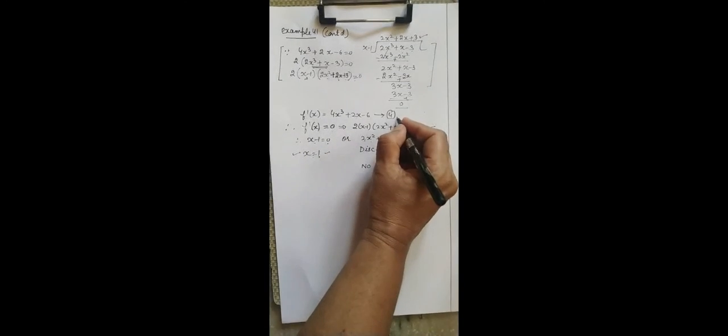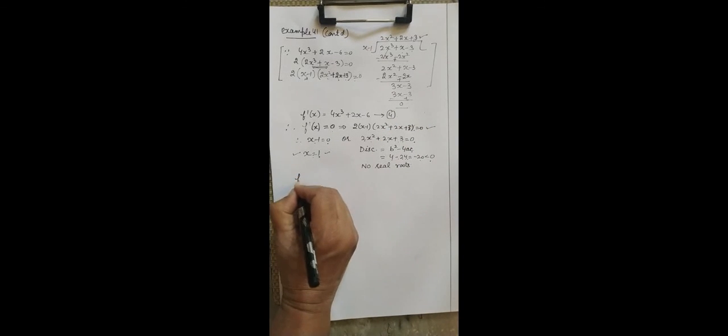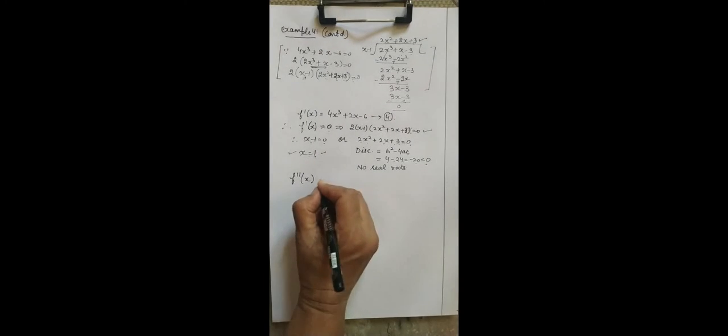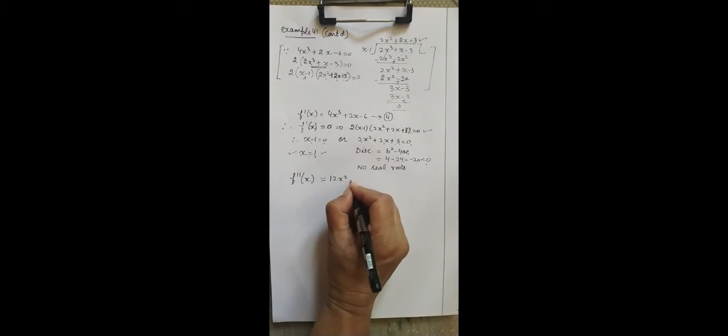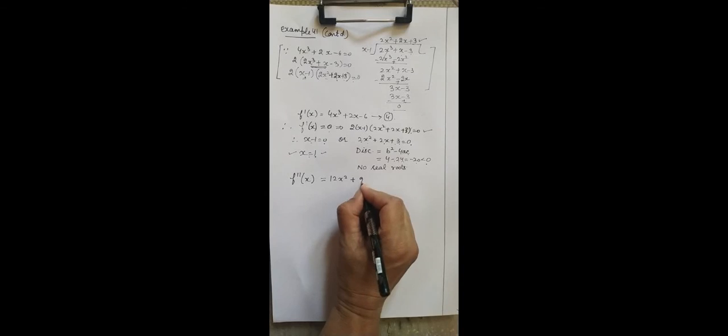Now again differentiating with respect to x for finding the second derivative. So what will be my second derivative now? The second derivative will be 12x square plus 2.